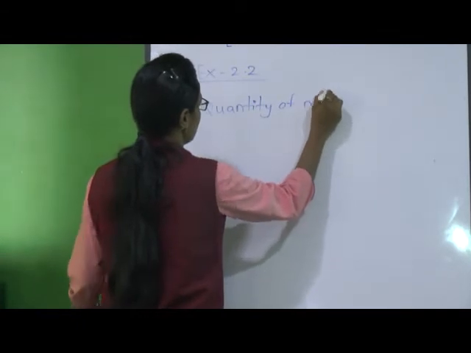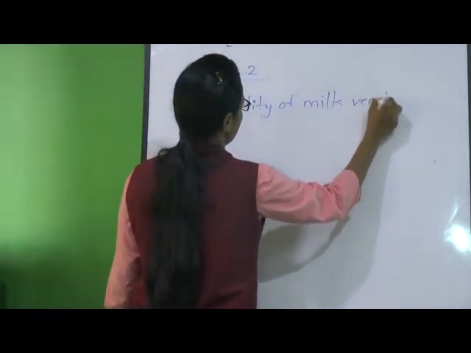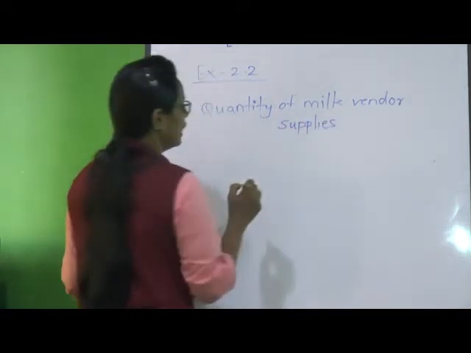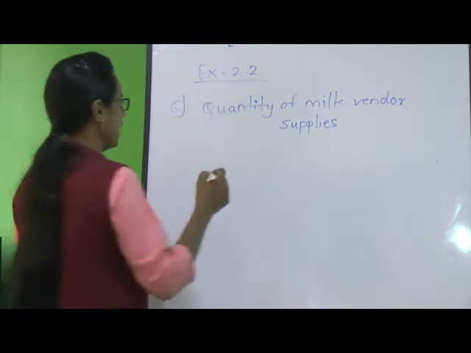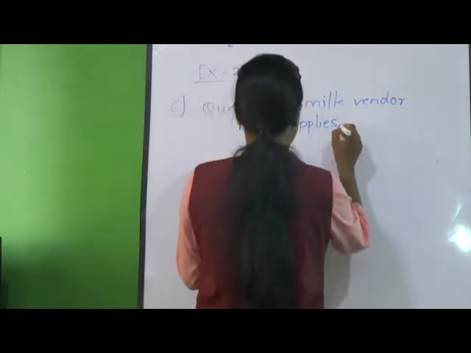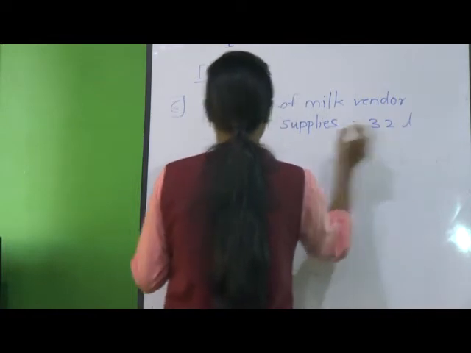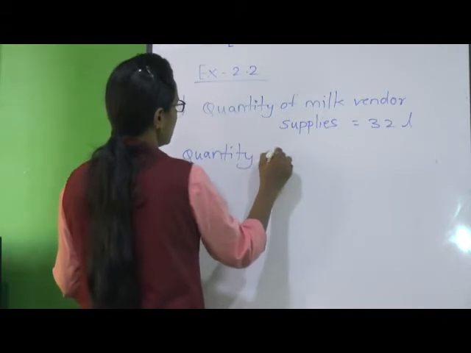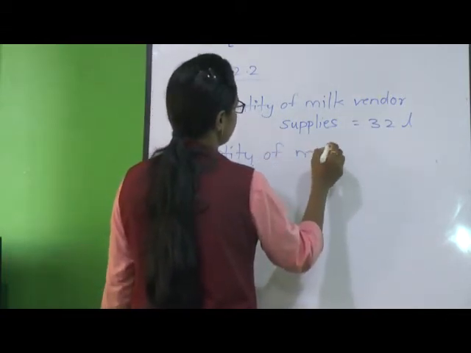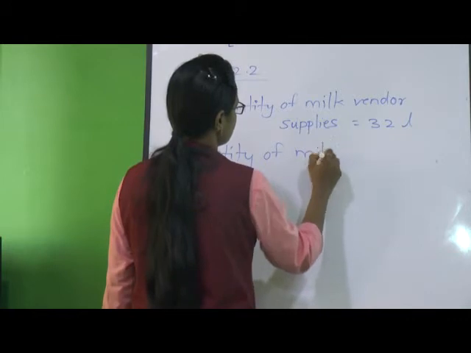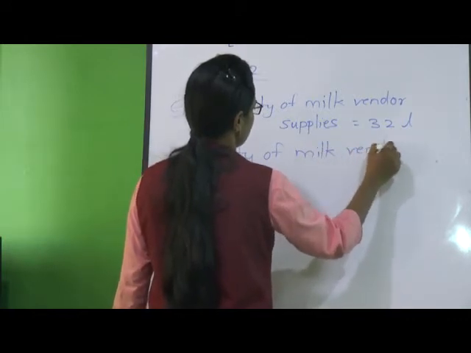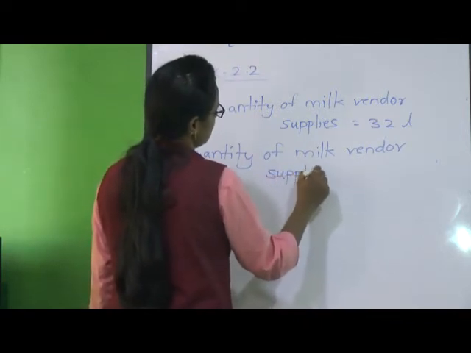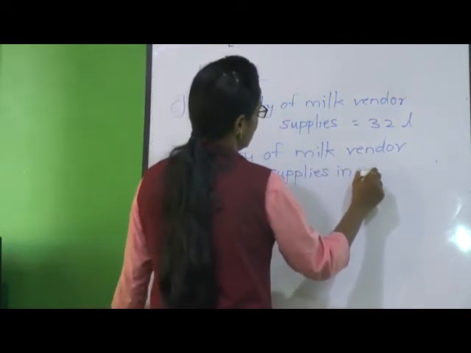Quantity of milk the vendor supplies in the morning is how much? 32 liters. Now the quantity of milk the vendor supplies in the evening.